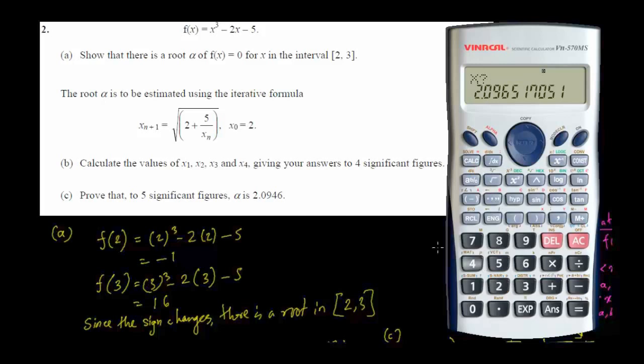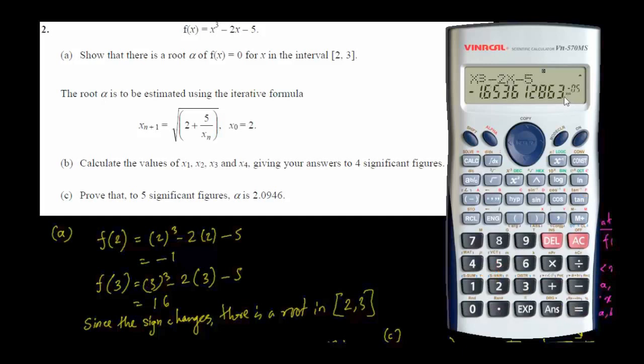The first input is going to be 2.094, and the last digits are 60, so if you subtract 5 it will be 55. So 2.09455. This is a negative value.